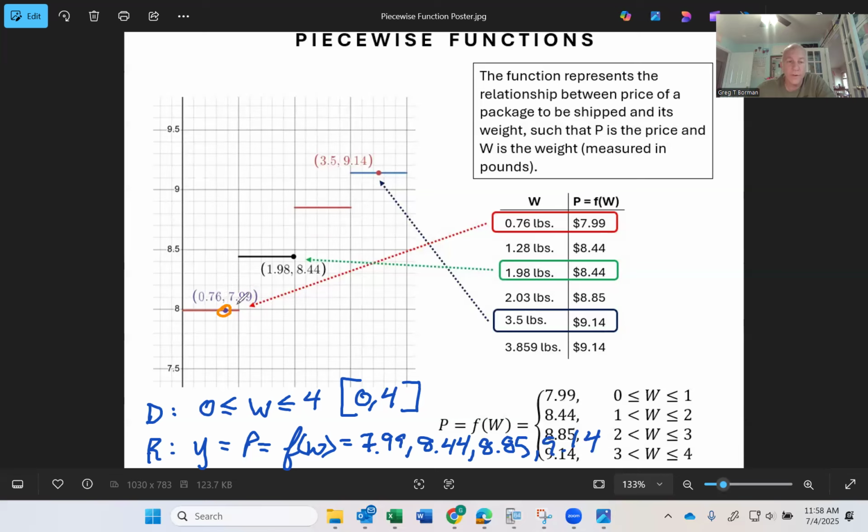That's what this ordered pair means. And that is basically how piecewise functions work. And that last little bit relating the graph and the table, that's how all functions work.